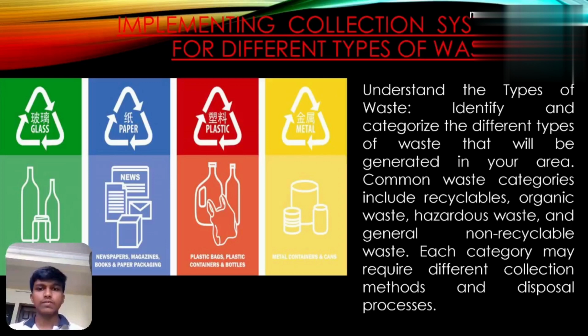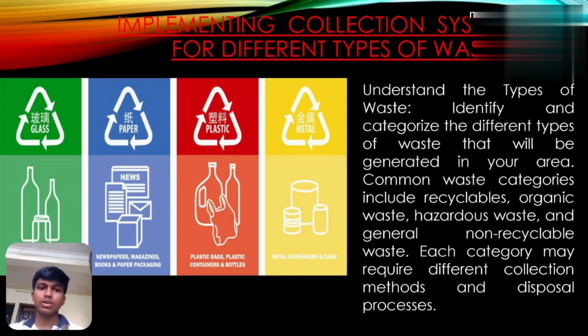First, you need to understand the types of waste generated in your area. You need to identify and categorize the different types of waste that will be generated. The common waste categories include recyclables, organic waste, hazardous waste, and general non-recyclable waste.